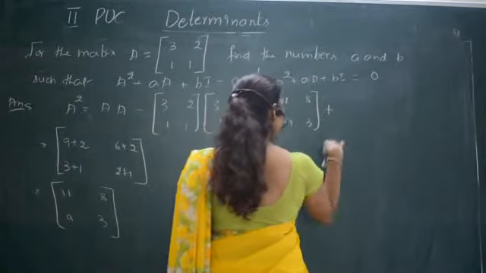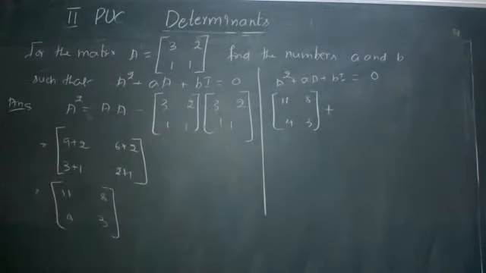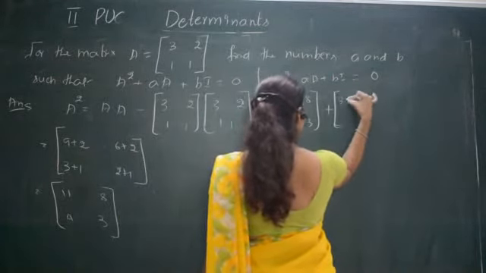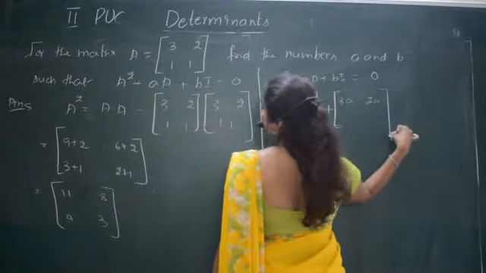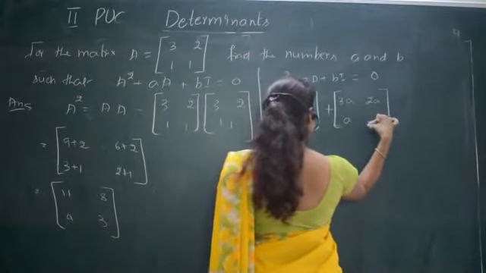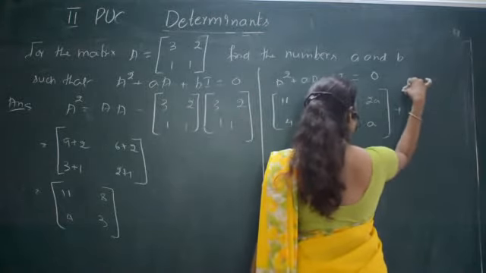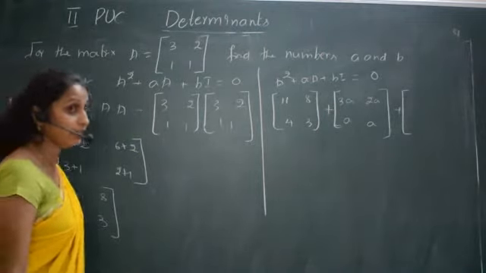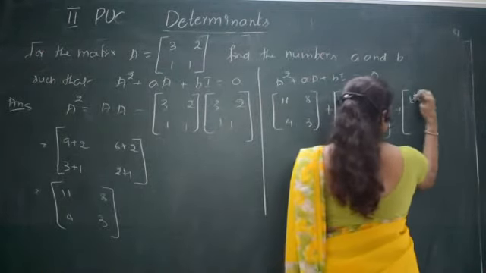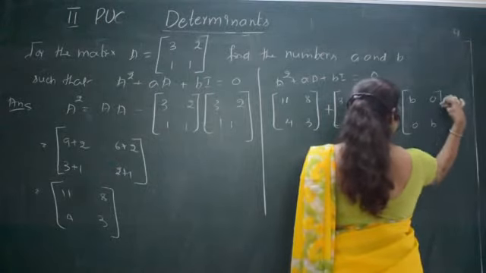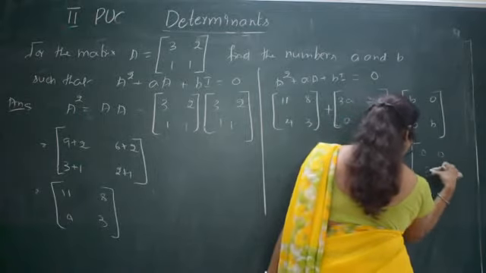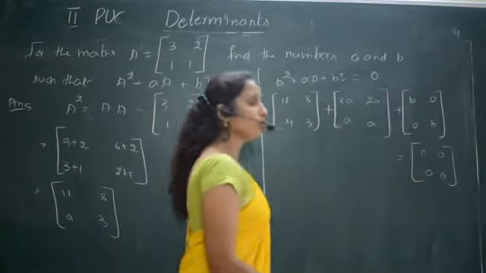Then plus a into A, that means the number a is multiplied to each element, so it is 3a, 2a, a and a. Plus b into I, where I is the identity matrix, so it will be b, 0, 0, b. This will be equal to the zero matrix.